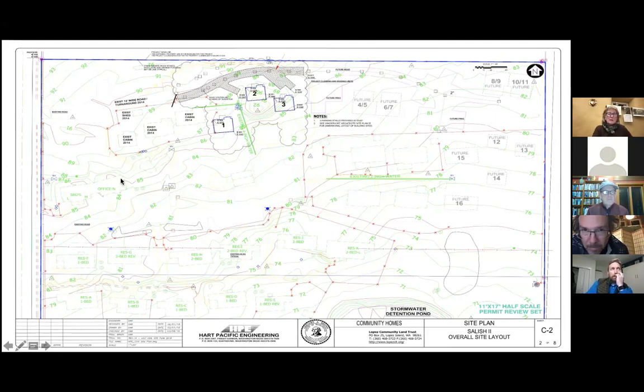At one point, that was the only building that was here. And then we had to build a Class A water system. We had to put in our stormwater detention pond. And we started bringing in our driveway and parking area to get in here.